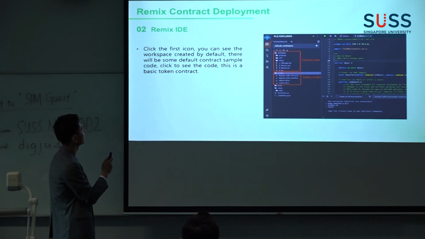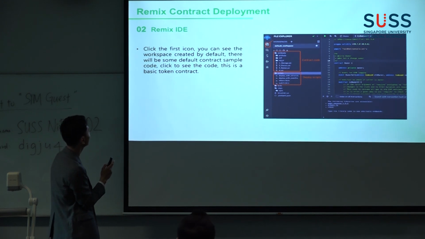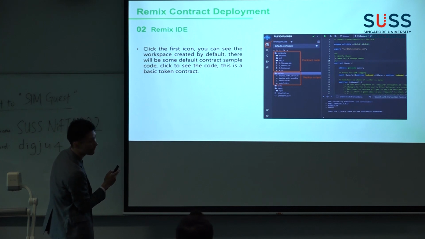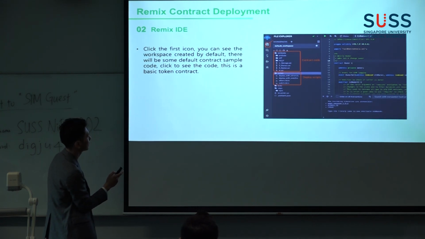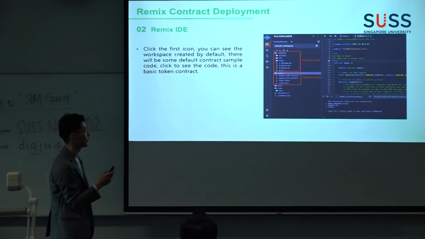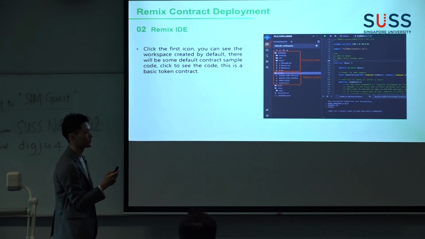When you click on the first icon, you can see a workspace is created. There's some default contract sample code. We can view this code. Under the folder scripts, there are deployment scripts written in TypeScript. We can also write deployment scripts in other languages, for example Python, or any language that you prefer.